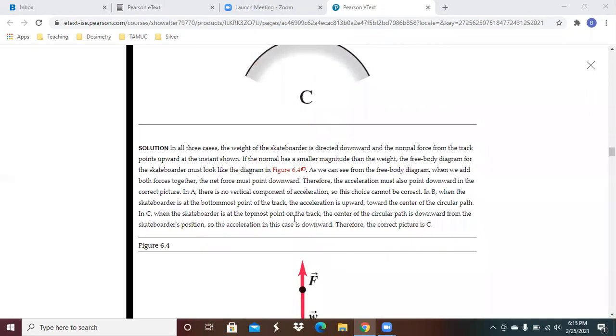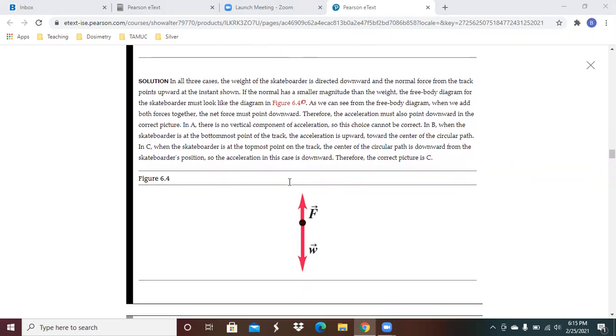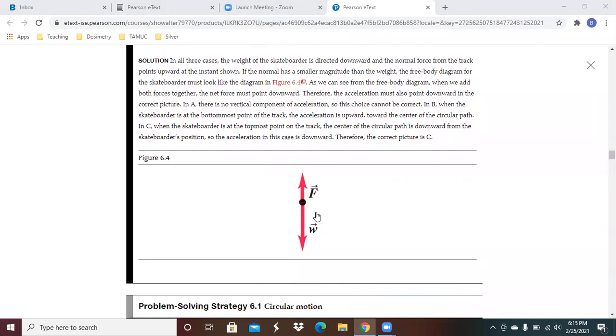In all three cases, the weight of the skateboarder is directed downward and the normal force from the track points upward. If the normal force has a smaller magnitude than the weight, the free body diagram must look like this. As we can see from the free body diagram, when we add both forces together, the net force must point downward. Therefore, the acceleration must also point downward in the same picture.